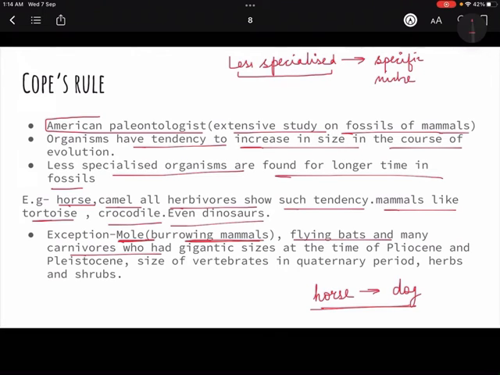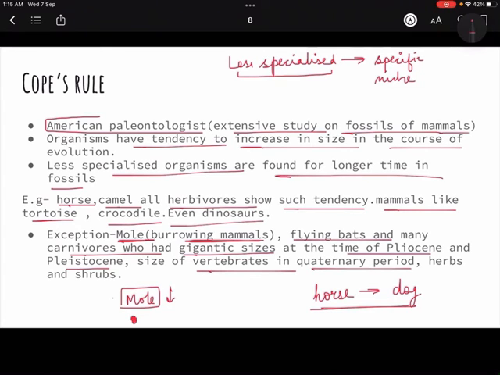Flying bats and many carnivores who had gigantic sizes at the time of Pliocene and Pleistocene. So mole is an exception to Cope's rule, with a decrease in size, because they have to make small holes and live inside the ground, so a big body size is not supported. That is why their size became small. Similarly many carnivores, flying bats which had big sizes at Pliocene or Pleistocene time, they reduced in size.